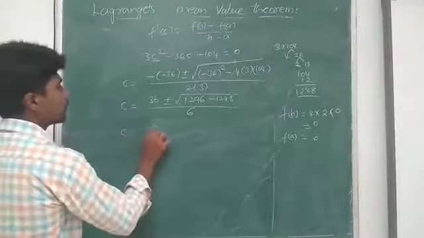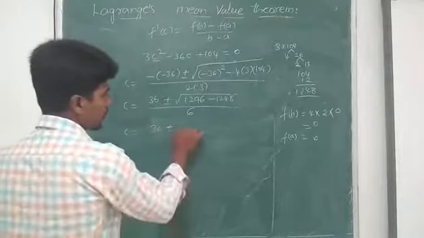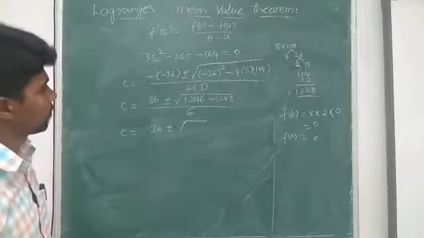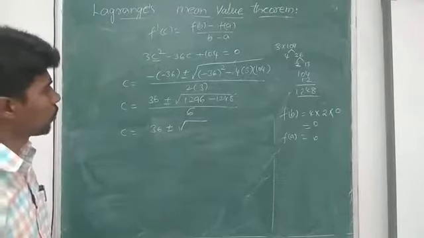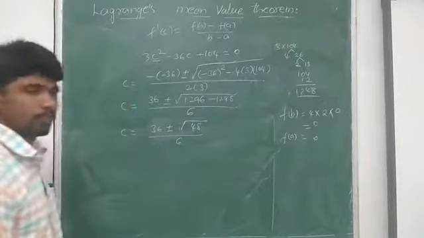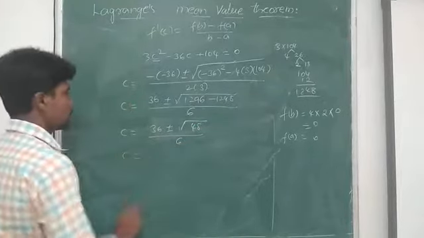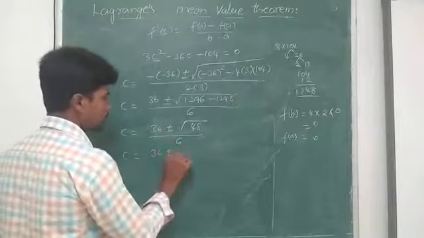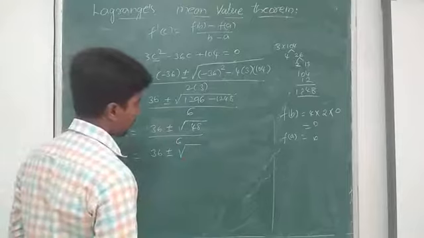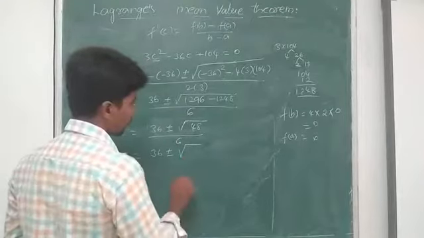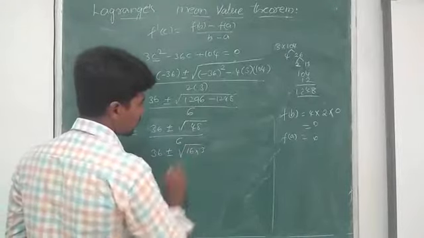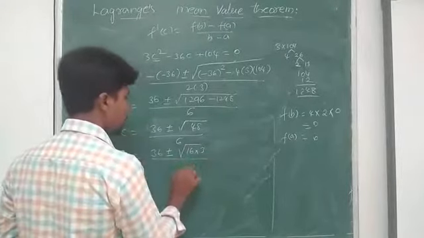C is equal to 36 plus or minus under root 1296 minus 1248, which is 48, by 6. So now C is equal to 36 plus or minus root of 48, which can be written as 16 3s are 48, by 6.